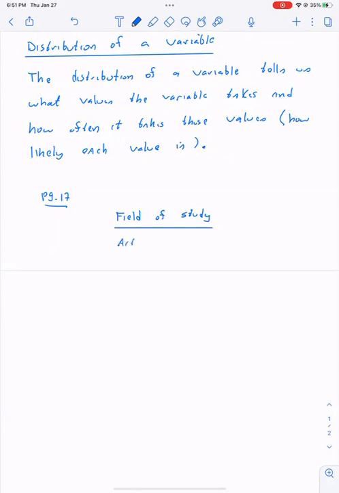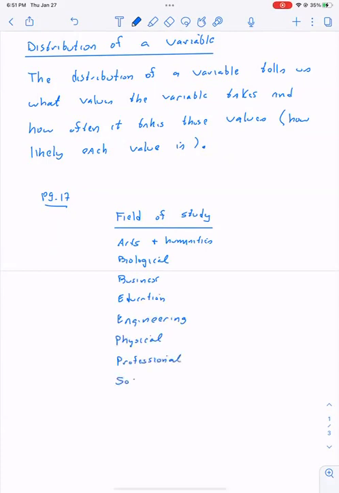And there are some options: arts and humanities, biological, business, education, engineering, the physical sciences, professional, the social sciences, the technical fields, and other or undecided.